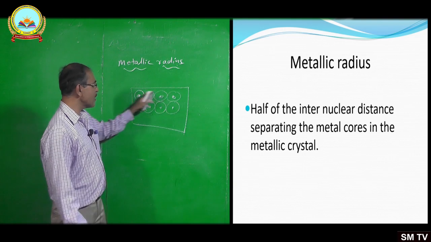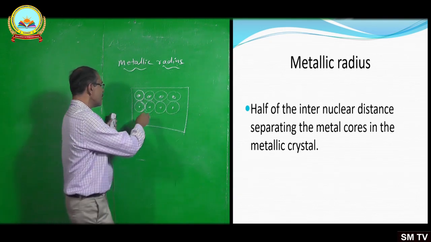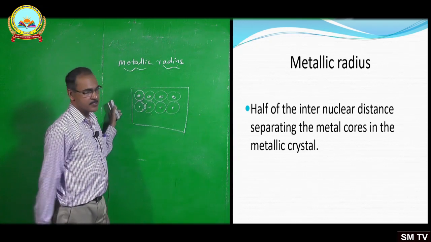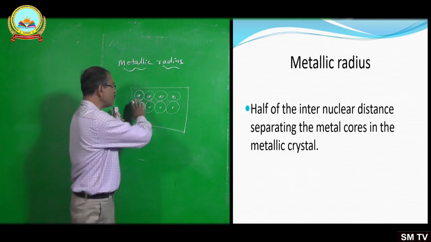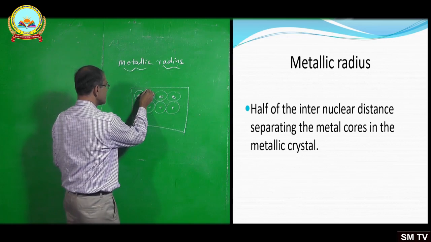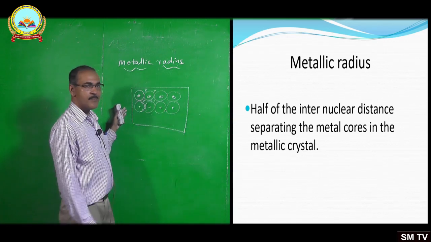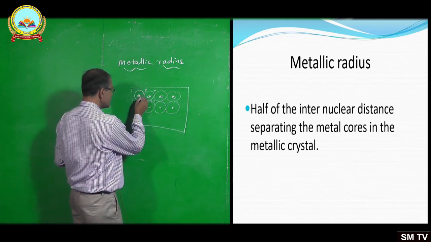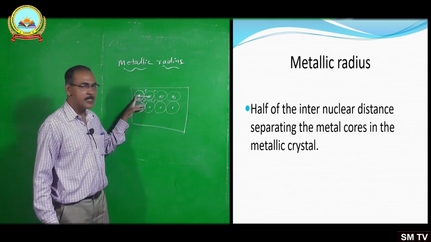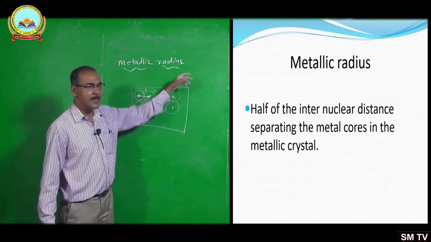Now, these are metal cores, and the valence electrons move throughout the crystal. We call the metals metallic crystals. The valence electrons move throughout the crystal within the boundaries. Then half of the distance between the two adjacent metallic cores is called the metallic radius.